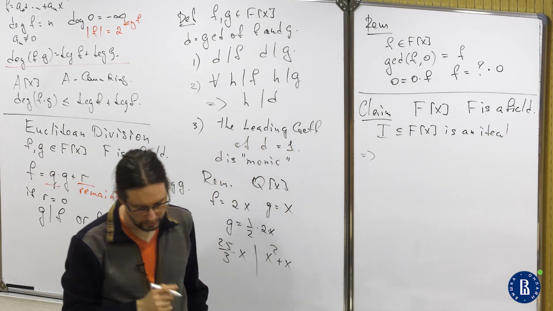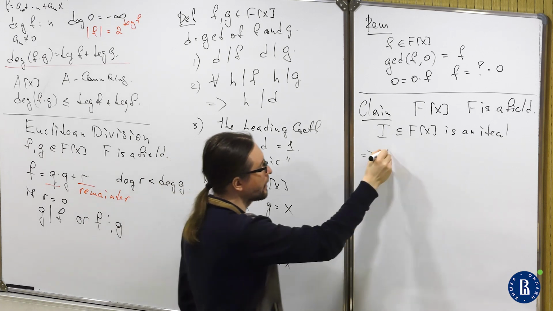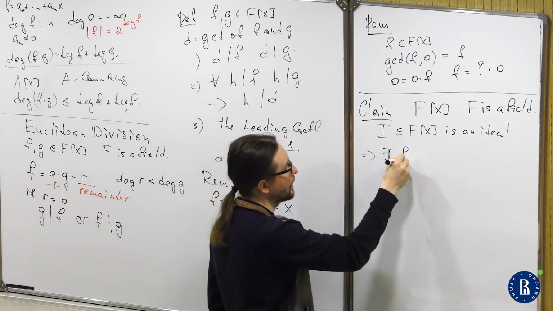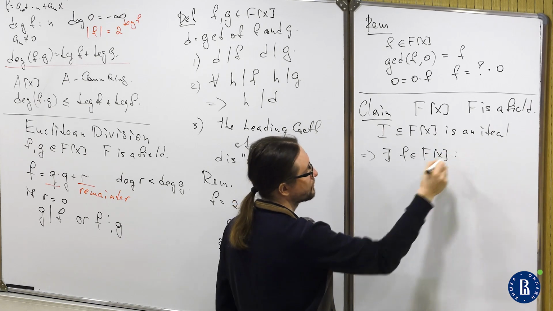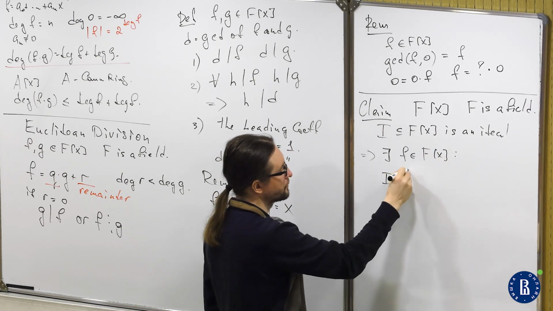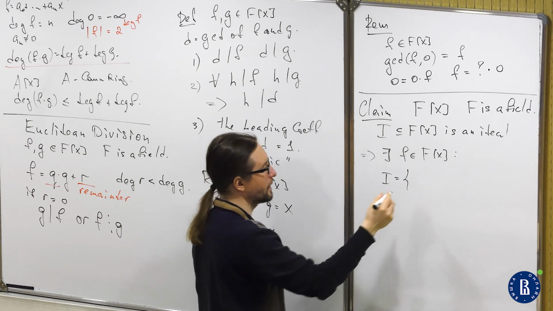Then there is a polynomial f such that I consists of all polynomials divisible by f.